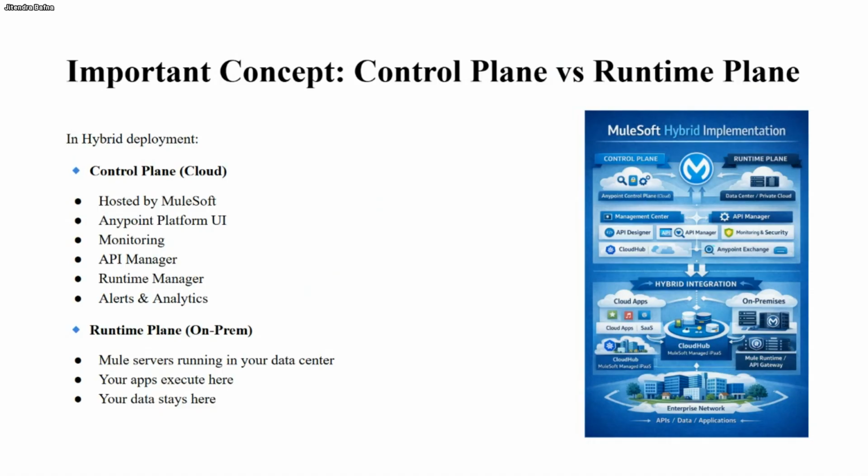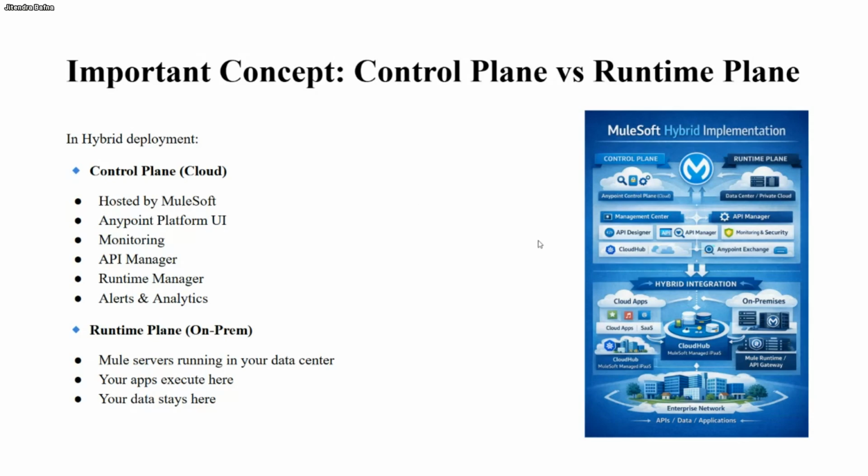Anypoint Monitoring, API Manager, Runtime Manager, alerts, and analytics are all part of your control plane in a hybrid architecture. The runtime plane is the Mule servers running in your own data center. Your application is executed in the runtime plane, and your data stays within your network. That all falls under the runtime plane.